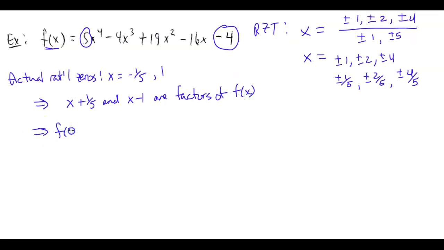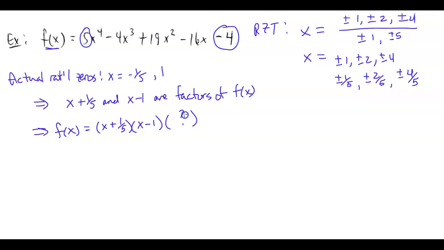And what this tells us is that f of x is going to be x plus 1/5, let's try to make that look a little bit cleaner, times x minus 1.